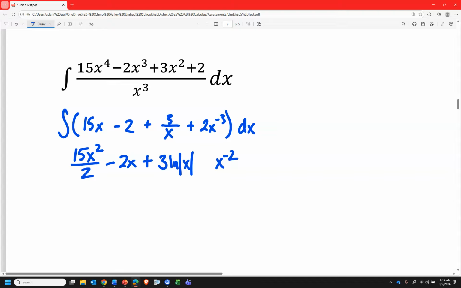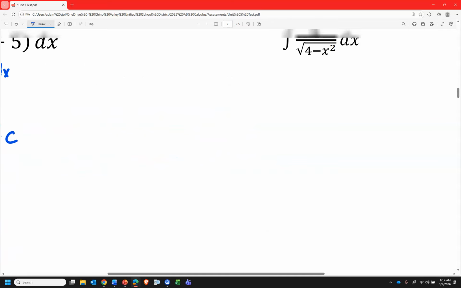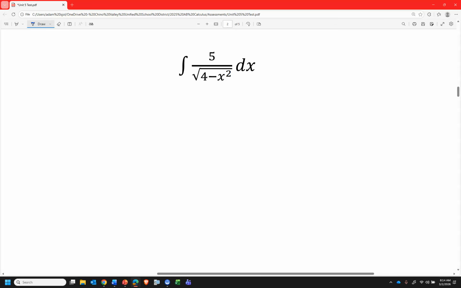I'm going to multiply by negative 2, so I need a negative 1 out front. Yep, okay, feeling good. I don't really feel like rewriting negative x to the negative 2. We're fine.